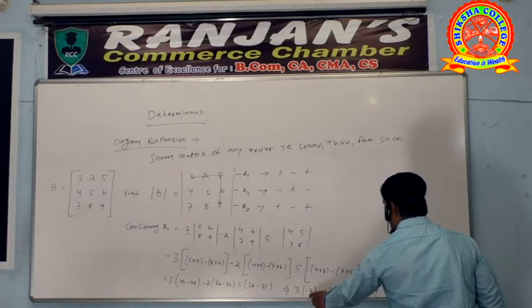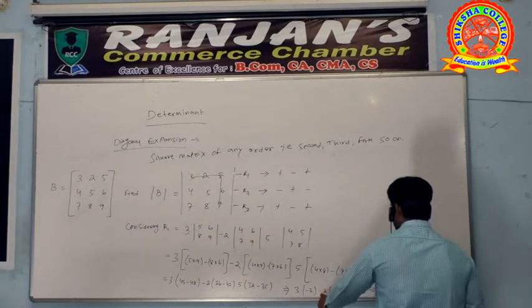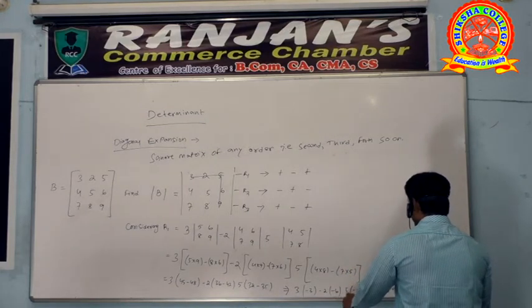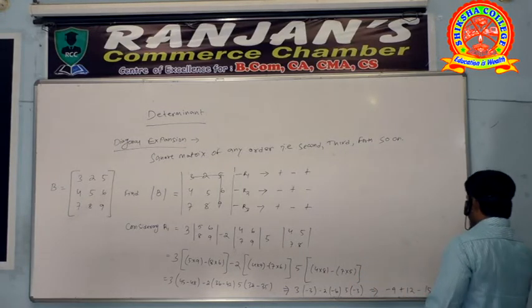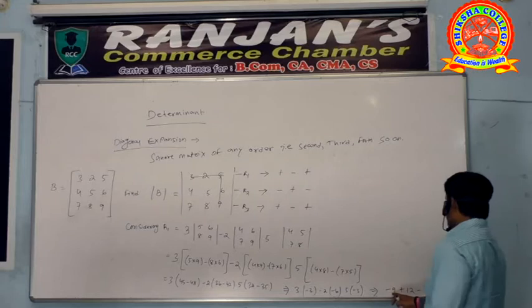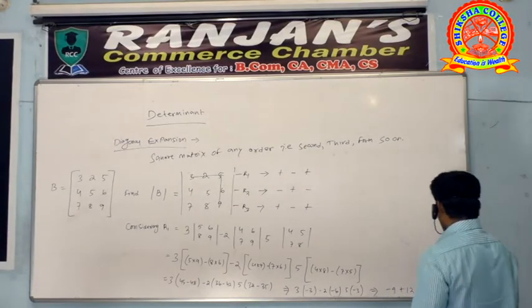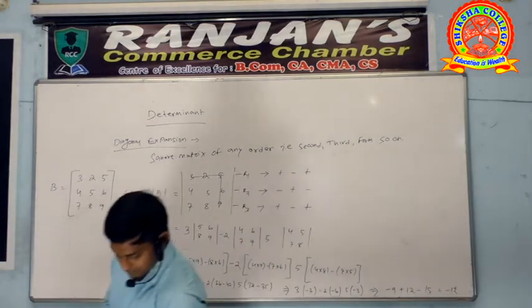Minus minus plus, 6 twos are 12. Here plus minus minus 15. So we have negative figures, minus 15 and minus 9, that is minus 24, plus 12, that is minus 12.